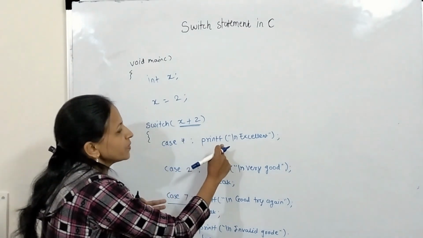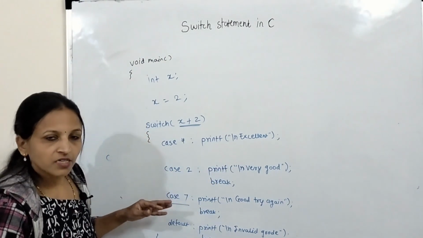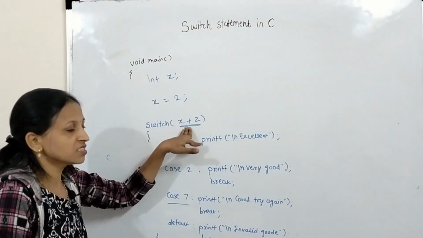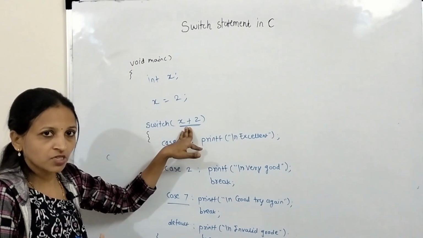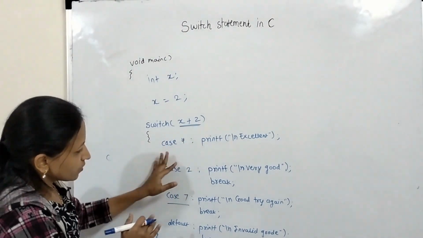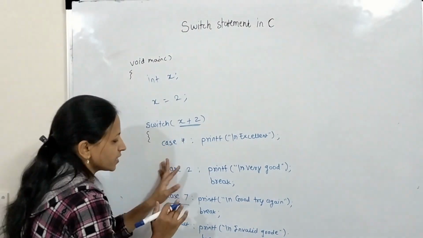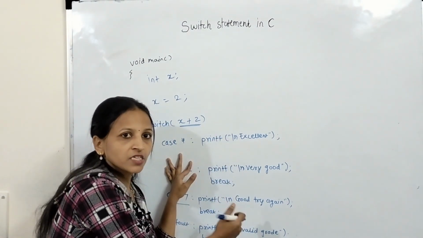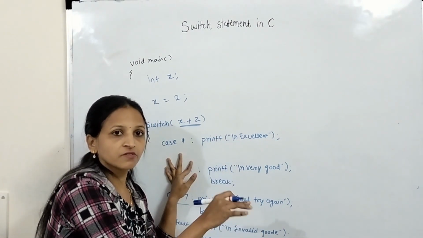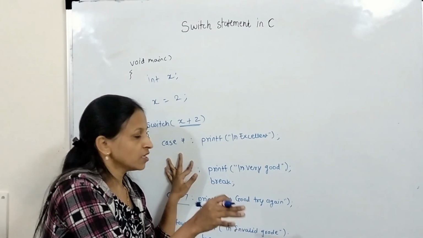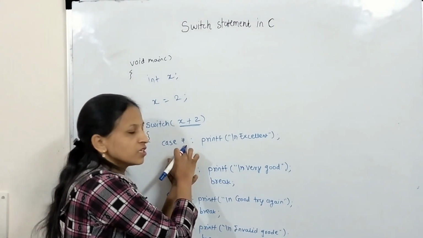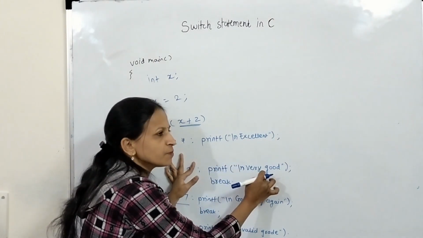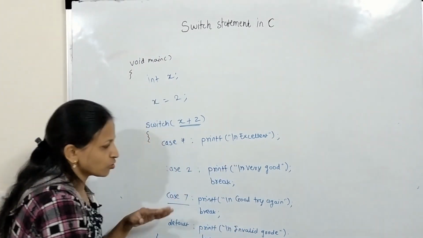After finding a matched case with the result of this expression, it will skip the left-hand side and will execute statements one by one till it gets a break. In this way switch gets executed. Here 4, match found, it will display excellent, again no break, so it will display very good, and then break, it will come out of that switch.